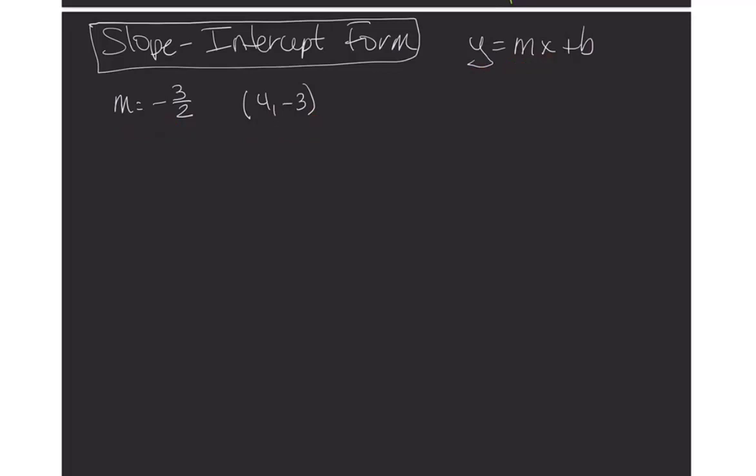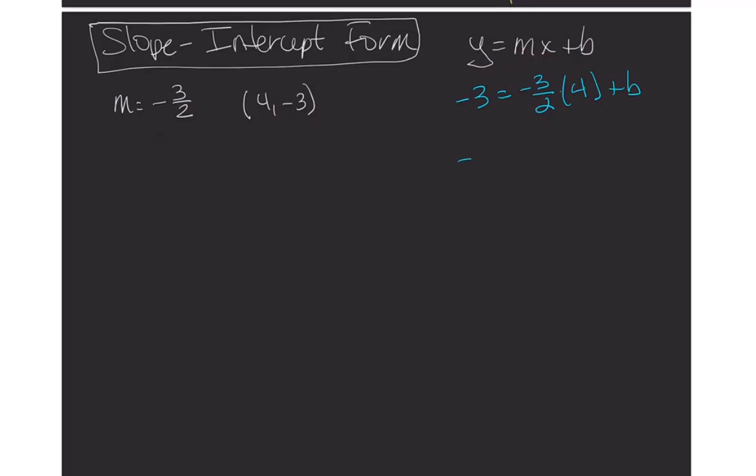So for our y, we would put in -3. Our slope is -3/2. Our x is 4, plus b, because we don't know what our b is.